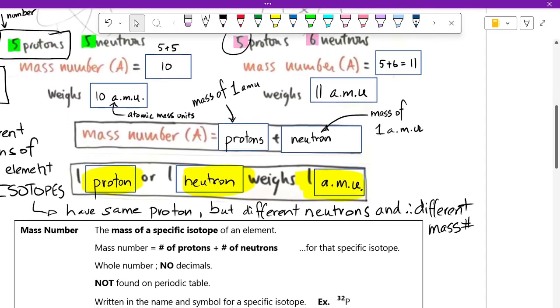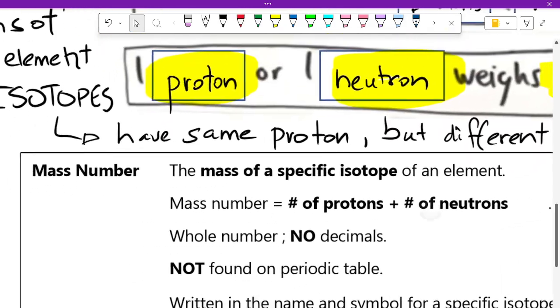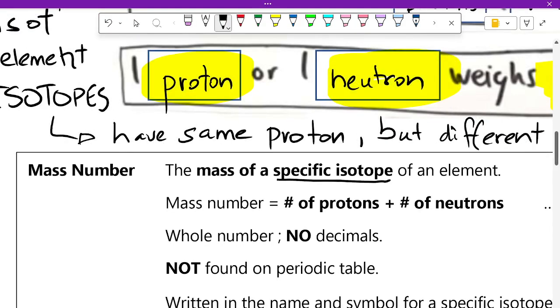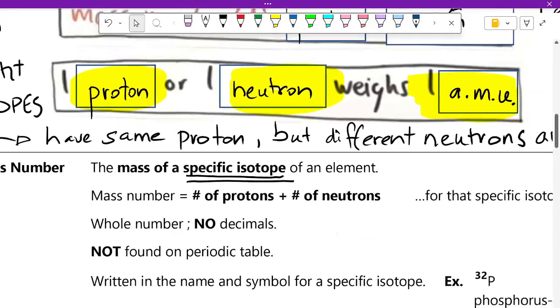So the mass number is the mass of a specific isotope. All right, so I would have to give you the number of neutrons for you to figure out the mass number.